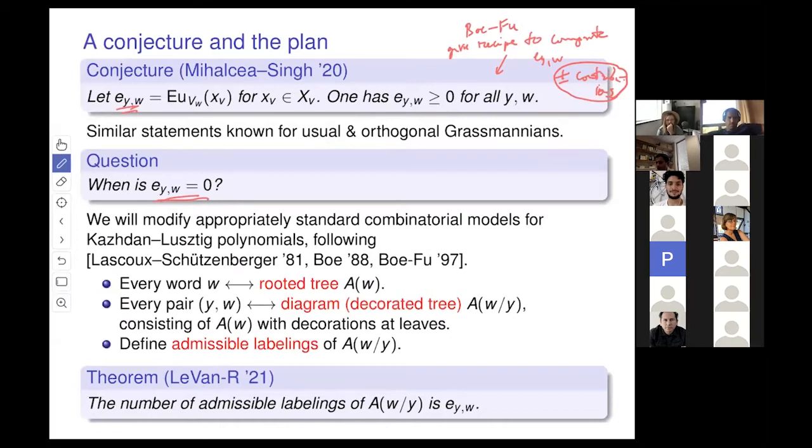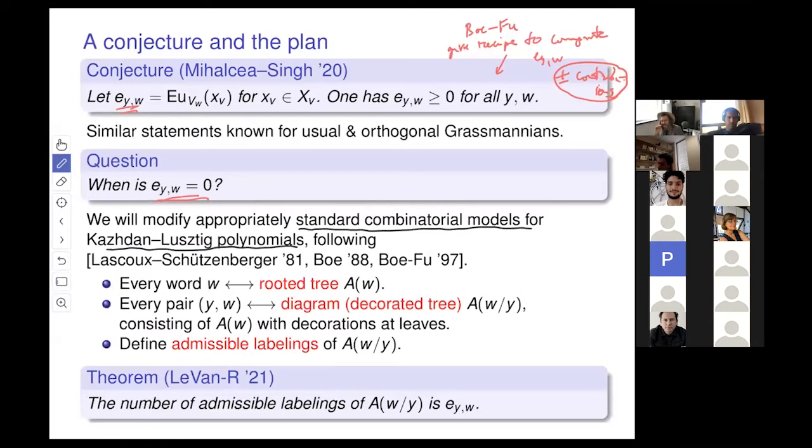And so what is the inspiration for realizing these Euler obstructions as solutions to counting problems? It comes from classical work on Kazhdan-Lusztig polynomials and combinatorial realizations of these Kazhdan-Lusztig polynomials.